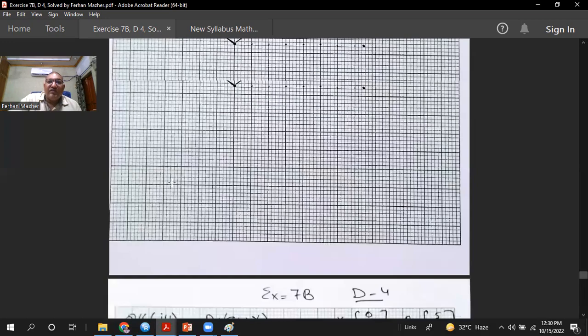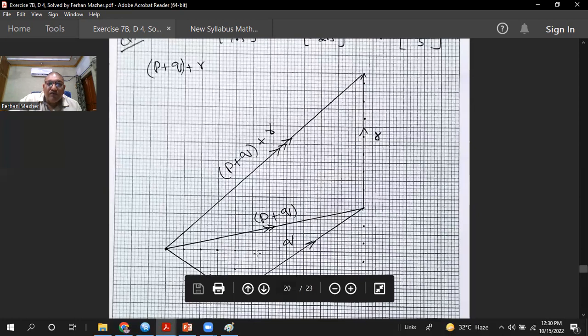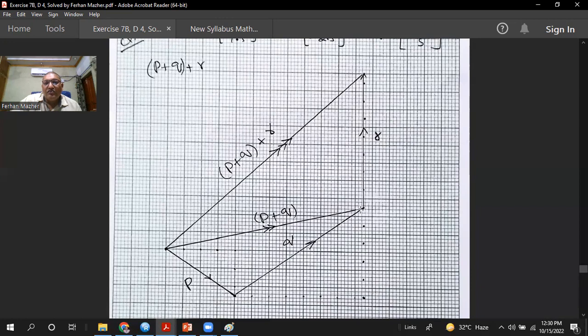Okay, so let's count here. 1, 2, 3, 4, 5, 6, 7, 8, 9, 10, 10.5, I think, and then you went up, how many steps? 1, 2, 3, 4, 5, 6, 7, 8, 9, 10.